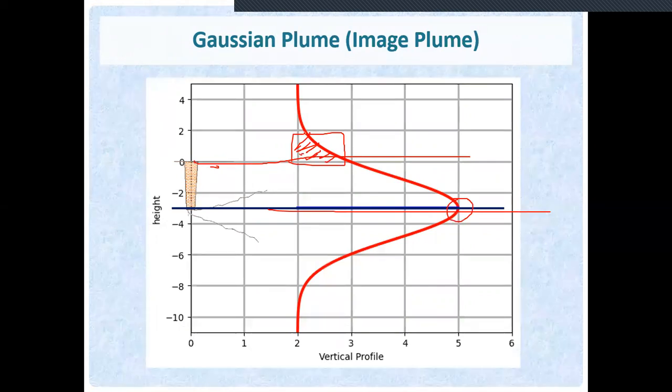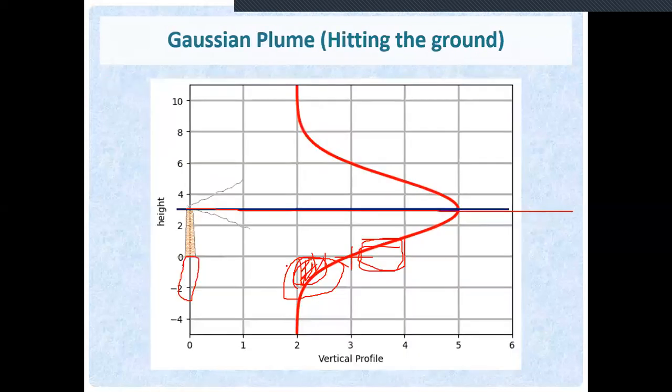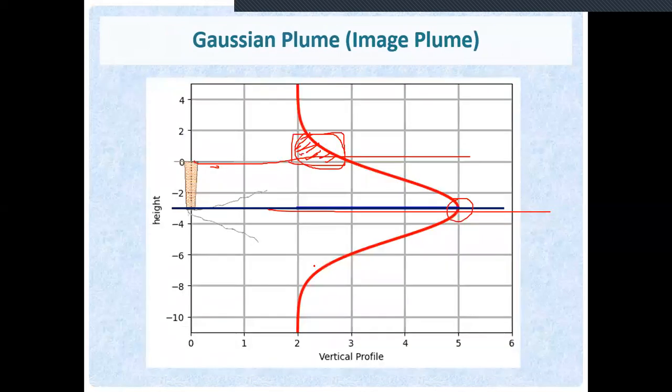So when this contribution, which is equal to the concentration before here, these concentrations are predicted above the ground by the imaginary stack. Therefore, these concentrations can be added to the actual concentrations to compensate for the concentrations predicted by the actual plume inside the earth.